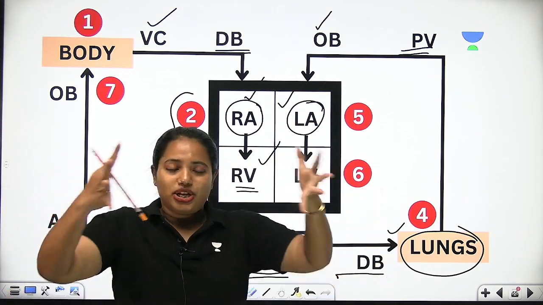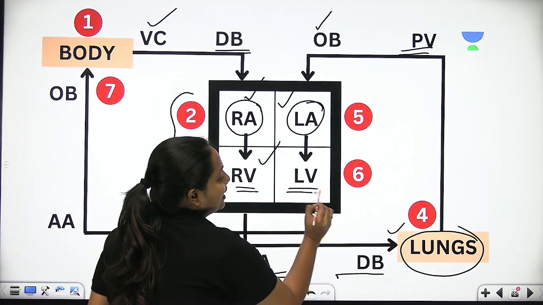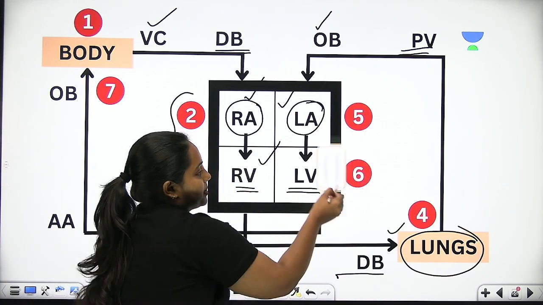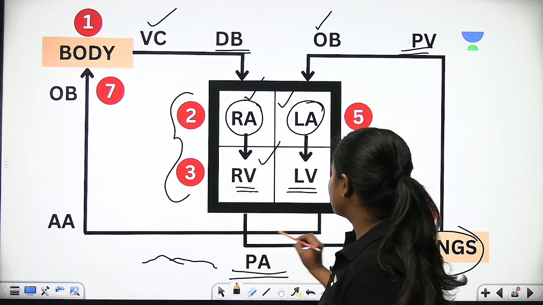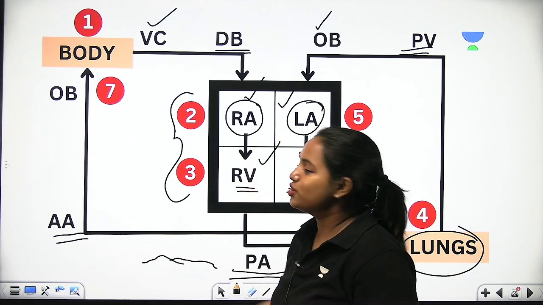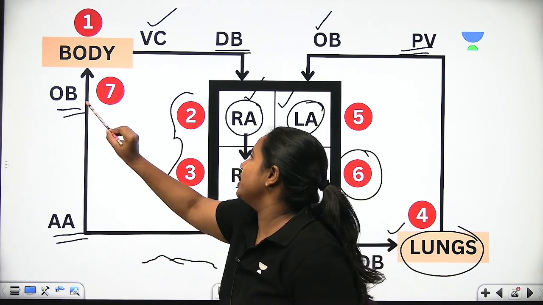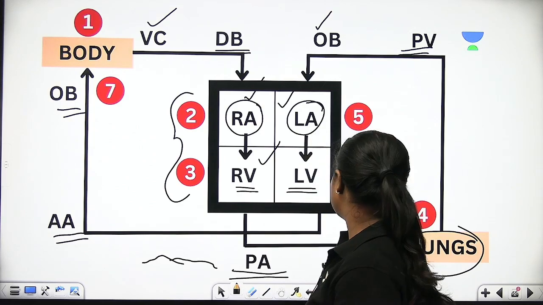And from the left atrium, the blood gets squeezed into the left ventricle. So this is the sixth position. From the sixth position, the blood is going to reach the body back through the aorta. So the aorta carries oxygenated blood to the body. Clear? I hope everyone is clear with the points.